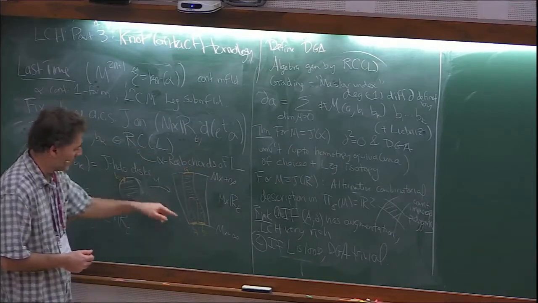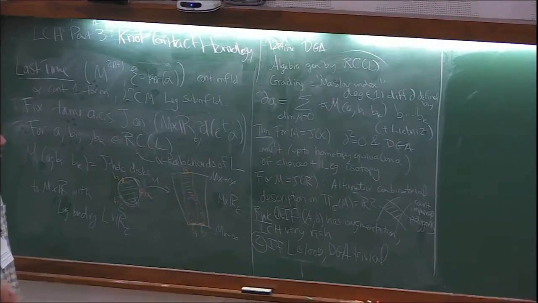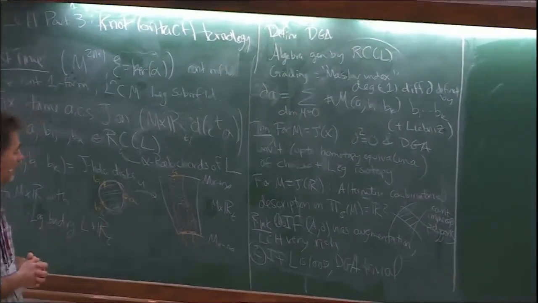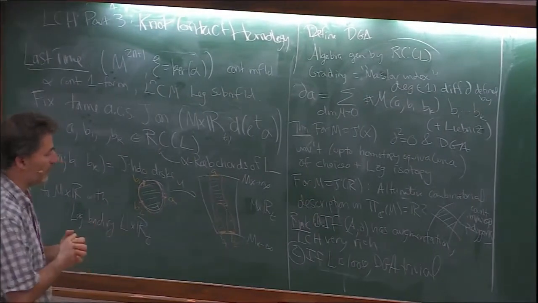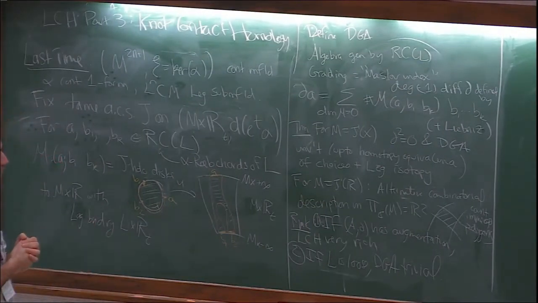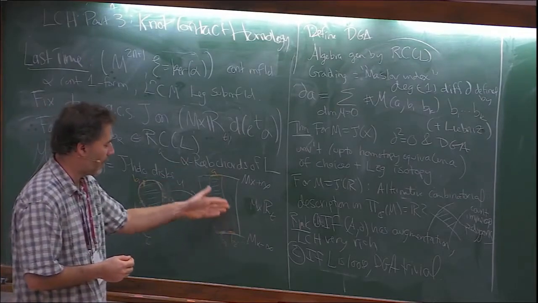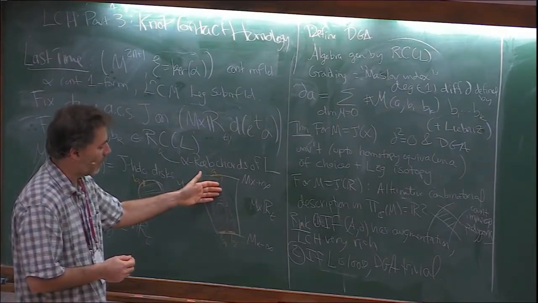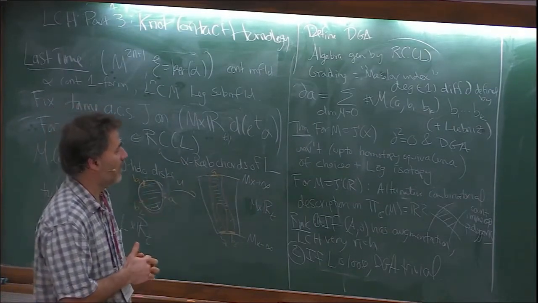So B1 comes first, and then B2, and so on. Okay, so that's the moduli space of interest. If we were to do fancier coefficients, like was done this morning, we would also specify what the relative second homology class is of this disk, but we're not doing that.